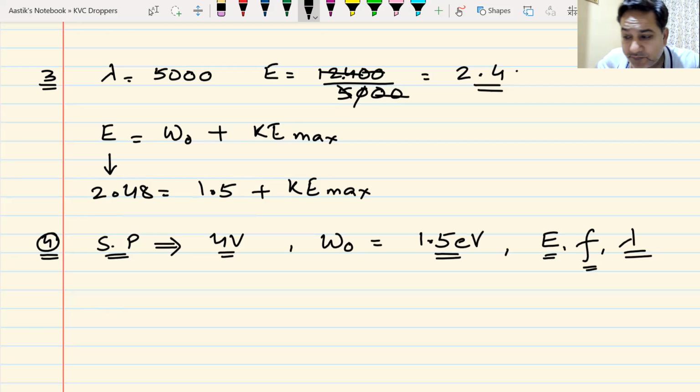Is the question clear to everyone? Stopping potential for a photoelectric current is given as 4 volt. Work function is given as 1.5 electron volt. Find out the energy of the photon, frequency of the photon, and wavelength of the photon.